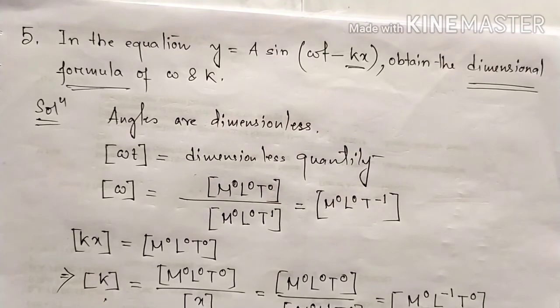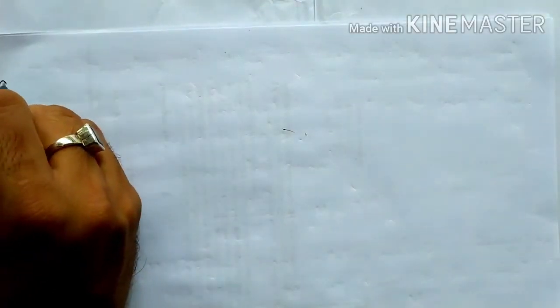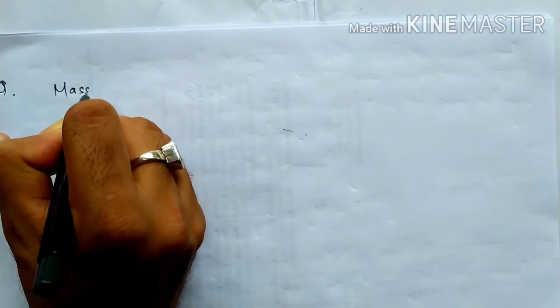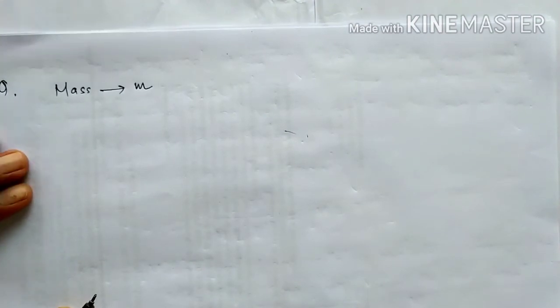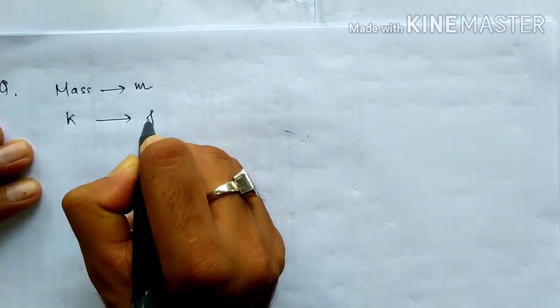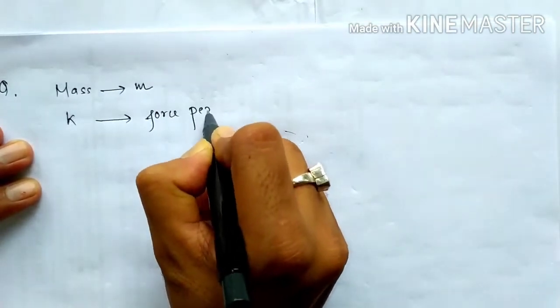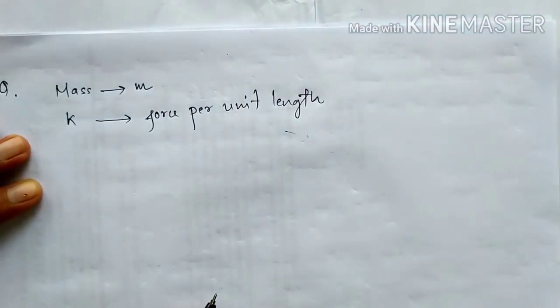Now let us solve our today's last problem. The question says that mass is represented by m and k represents force per unit length.